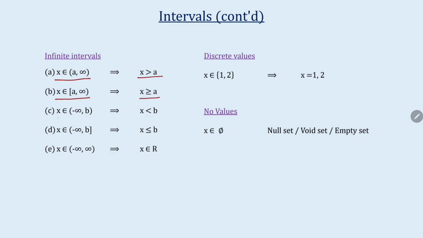Now there is another infinite interval, minus infinity to b. So here x can be anywhere below b. Next is x belongs to minus infinity to closed interval b. So here x is less than or equal to b. And the last one is x belongs to minus infinity to plus infinity, which means it can be anywhere on the entire real number line.